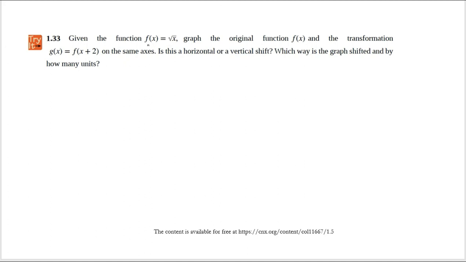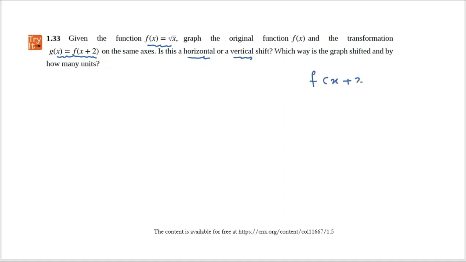Given f of x is equal to square root of x, graph the original function f of x and the transformation g of x. Is it a horizontal or vertical shift? So it's f of x plus or minus k.